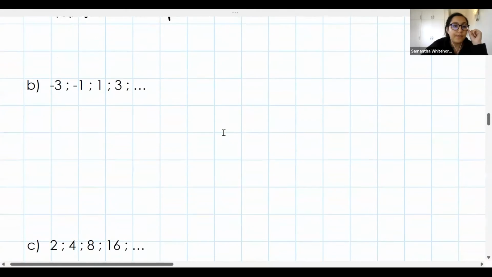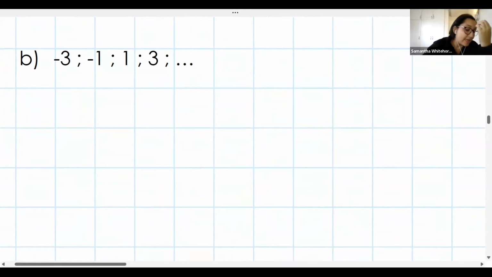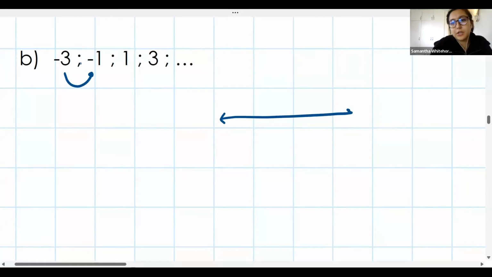All right, so if we have a look at our next number pattern, pattern B, we again need to figure out how we're getting from one value to the next. I'm starting at -3 and then I get to -1. If you think about your number line.